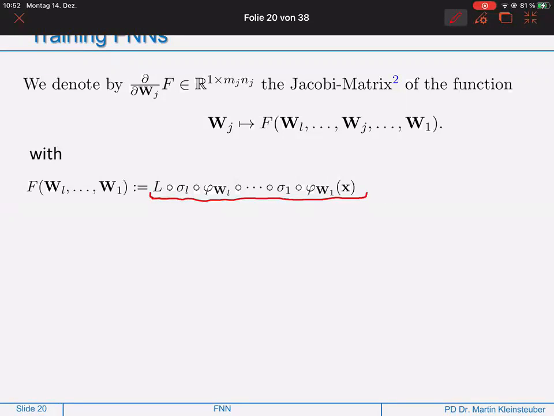We can compute the derivative with respect to these variables. If we denote the Jacobi matrix, we look piecewise onto these weights. So let's first see what the derivative of this function with respect to the first weight matrix is.